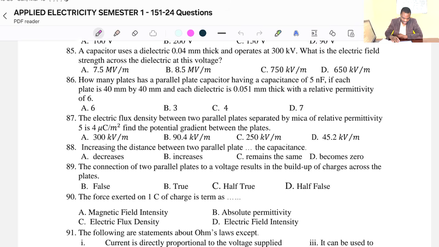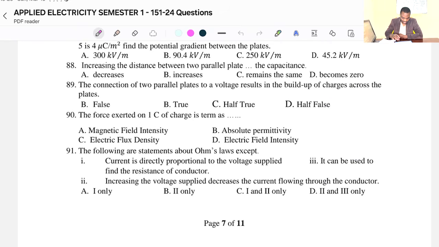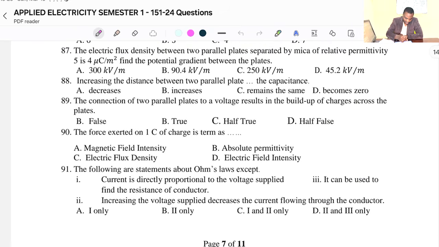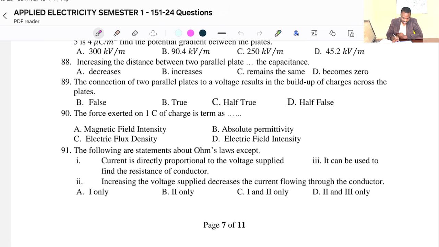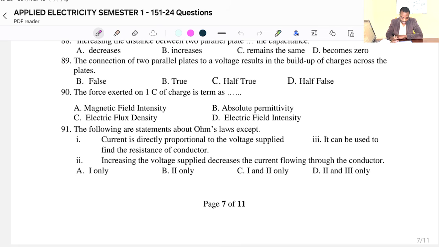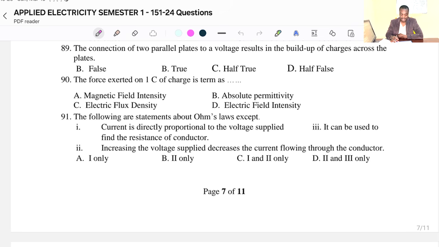Question 91. The following are statements about Ohm's law, except one. One: current is directly proportional to the voltage supply. So that is true. Three: it can be used to find the resistance of a conductor. Then two: increasing the voltage supply decreases the current flowing through the conductor.